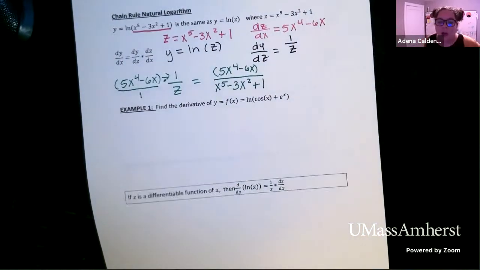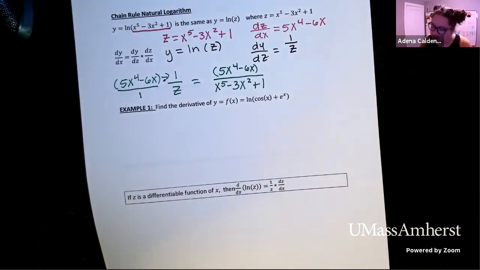We have the natural log of cosine x plus e to the x. I want you to take 2 minutes and do out the z substitution for this particular problem.